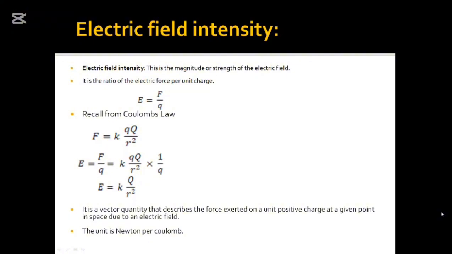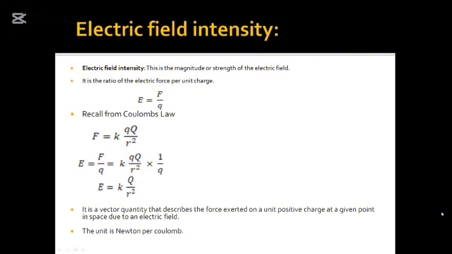Now, if E is equal to F over q, I want to bring Coulomb's law into this, representing my F with K Q q all over R squared. That means my E is now K Q q all over R squared times 1 over q.